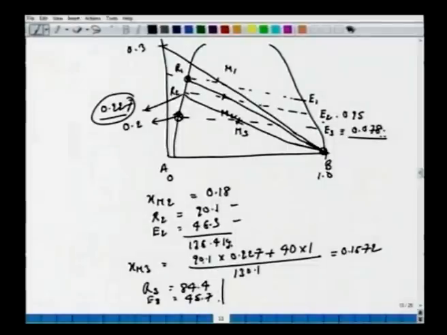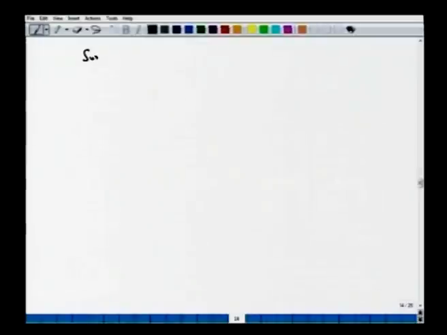All right. In other words, if we summarize here, we were given a feed which has a composition of 0.3. So this was the acetic acid present in this. The feed amount was 100 kg.